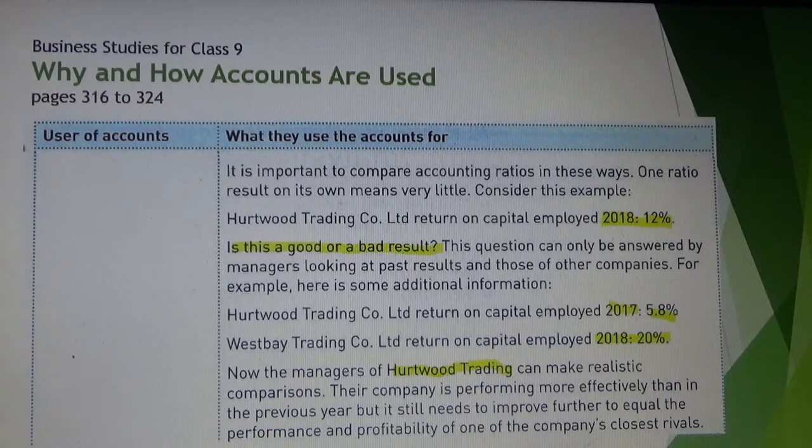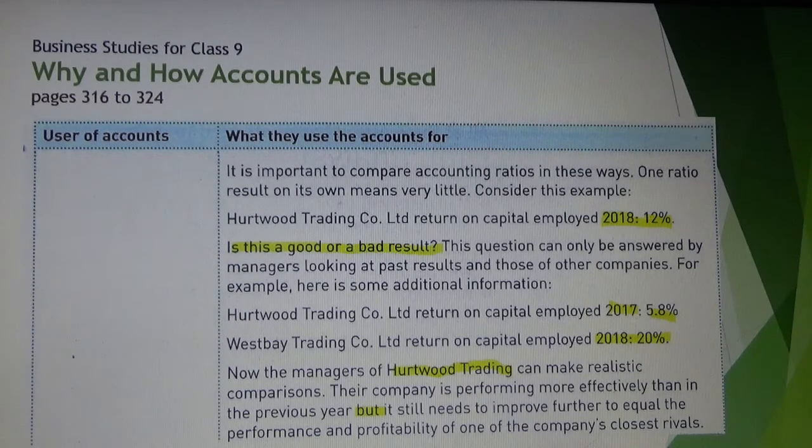Their company is performing more effectively than in the previous year. Okay, it shows here 5.8 to 12%. But there is a big but here. It still needs to improve further to equal the performance and profitability of one of the company's closest rivals.